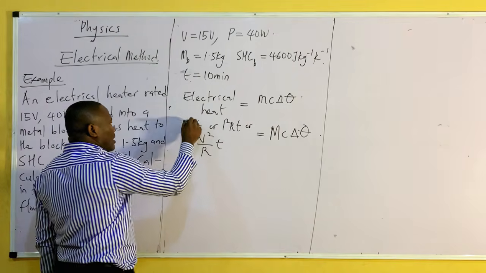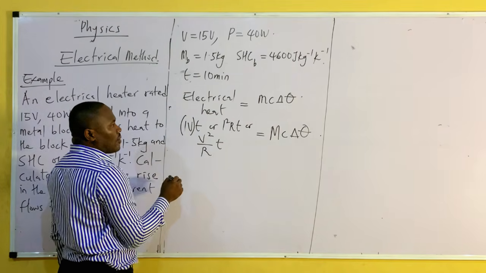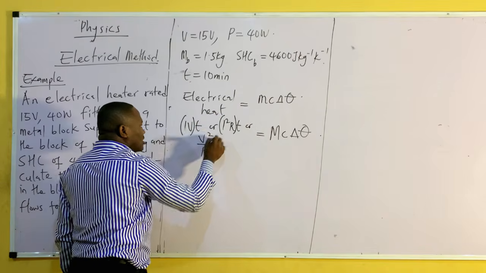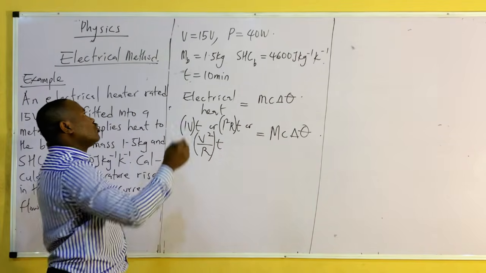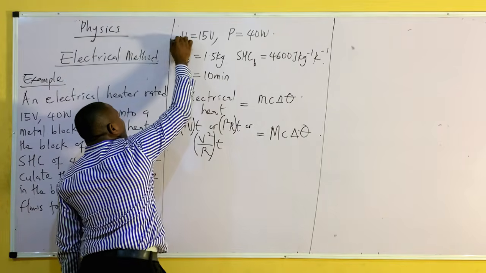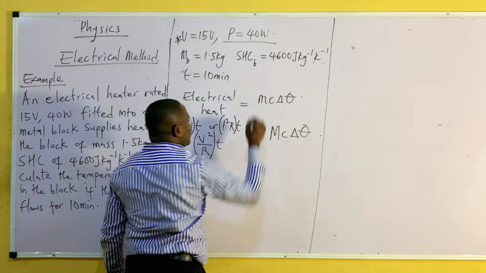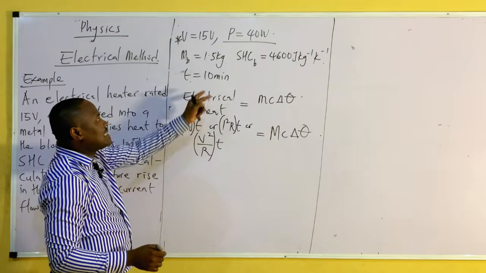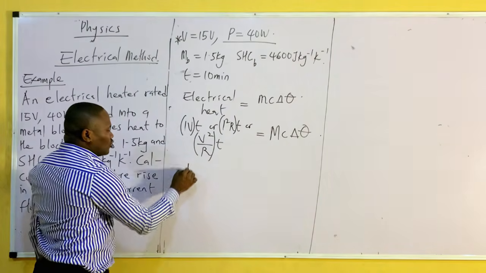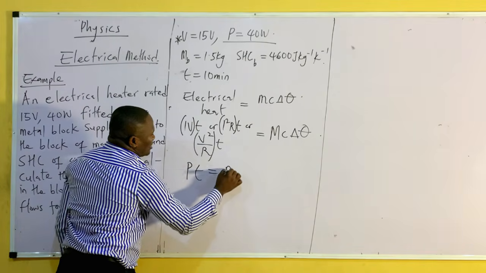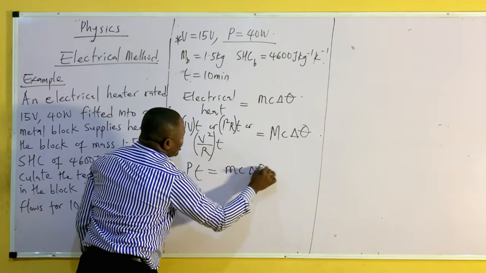Remember everything here is power. So I do not need this anymore because I have power already. So power times time is equal to MC change in theta. So I'll use Pt equals MC change in theta.